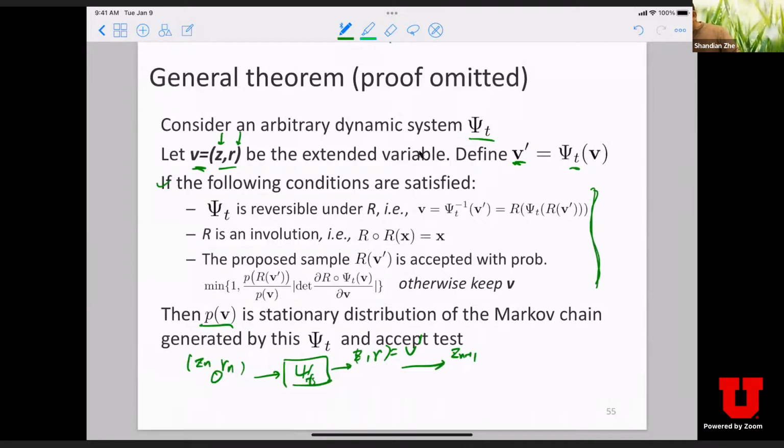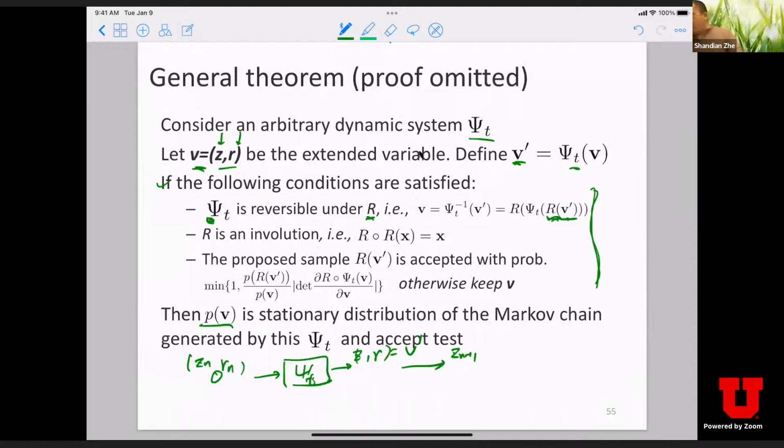First, we introduce some operation R, and this dynamic system should be reversible under this operation R. It means that I evolve v to v prime after time t, and then I apply the R operation over v prime, and use R v prime as my initial state.